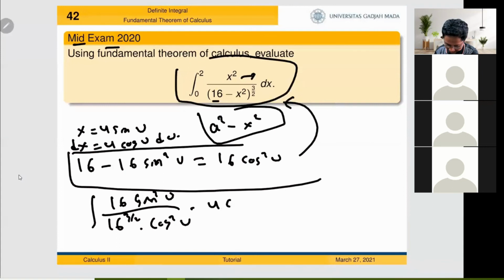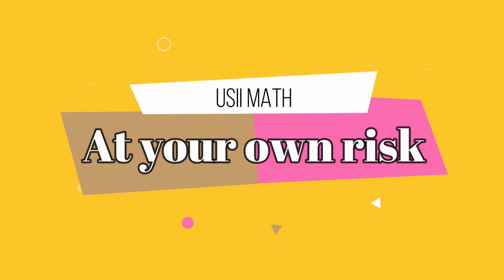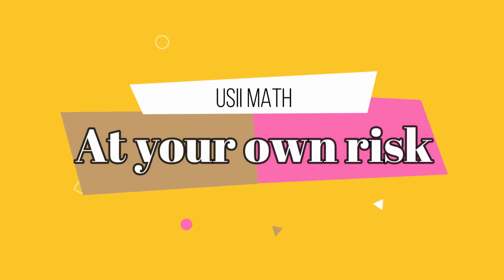So I change to 4 cos u du. And this one should be cubed. So I only have sin squared u over cos squared u du. You know this one is tangent squared, and there are a lot of explanations on how to integrate tangent squared. So I think I can leave it. And the rest we just input the values 2 and 0, and then done.